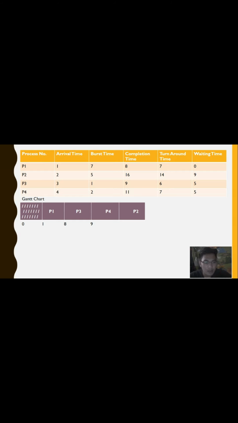Then from P3, the next shortest job is the P4. So how much time is required to penetrate from P3 to P4?